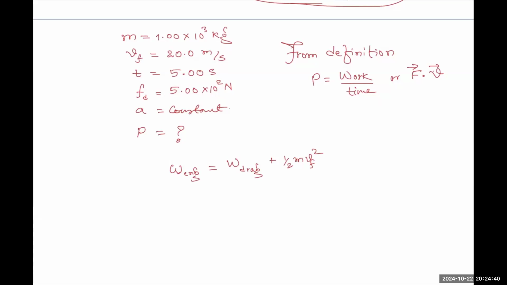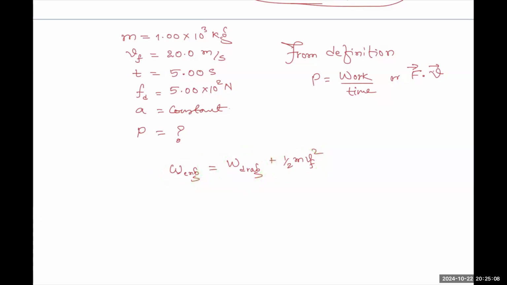Okay. So now this is my work. And this work energy, whatever the supplied energy by the engine, will be used to get my speed, which is the velocity, kinetic energy. And the supplied energy is not only used to get the velocity, but is also used to overcome this drag force, drag energy, right?